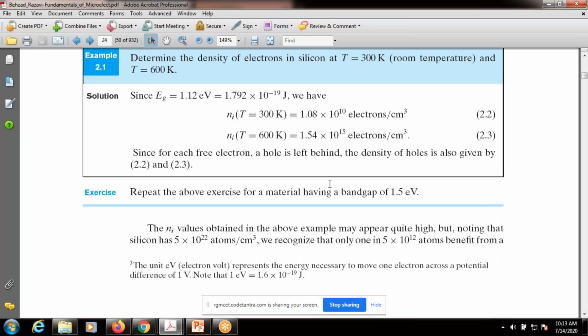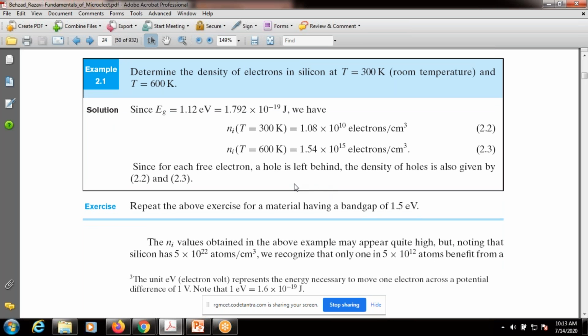And I also gave a problem: calculate the number of charge carriers at T equal to 900 Kelvin as well as T equal to 1200 Kelvin. Only 4 to 5 people answered in the group, and some people sent answers personally to my WhatsApp number.